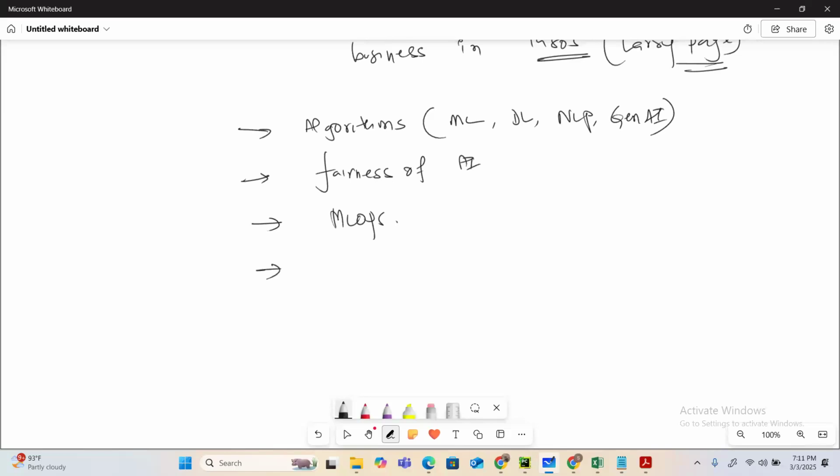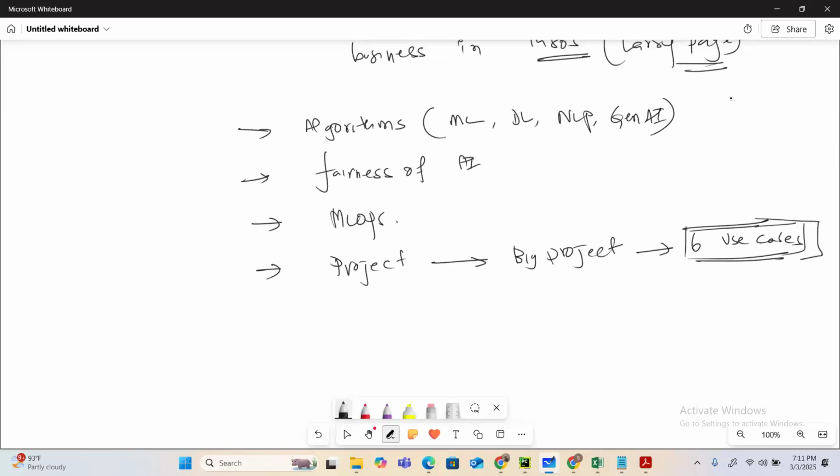Finally, we will give a big project covering all topics, a live project of 6 use cases. You will build the 6 use cases the way it is done in an office environment. We create a ticket, assign the ticket, you close it, and review it. Everything will happen like real-time projects.